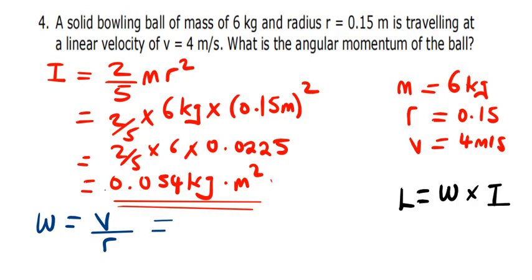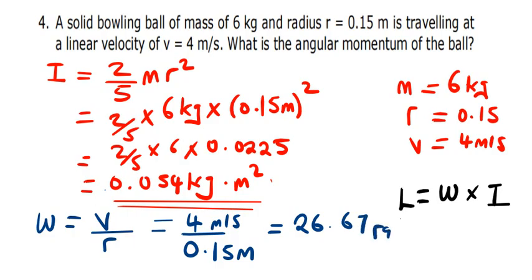We've been given the velocity of 4 meters per second, divided by the radius, 0.15 meters. So when we solve, 4 divided by 0.15 meters, I'm getting 26.67 radians per second. Basically this is what I'm going to have as my angular velocity.